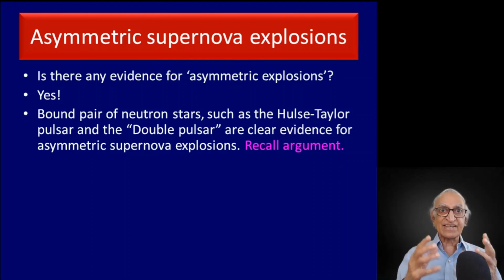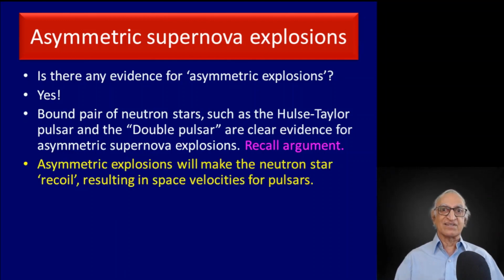So when the second star in a binary system explodes, I argued that delta M will be greater than 1/2 M1 plus M2. Therefore, although the binary will not be disrupted in the first supernova explosion in a binary, it will be disrupted in the second supernova explosion in a massive binary. In rare cases such as the Hulse-Taylor binary pulsar or the double pulsar and several others now, the binary neutron star system remains bound. It is because of a great deal of asymmetry.